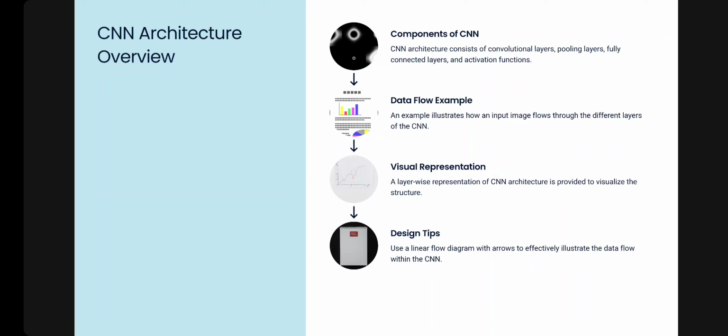For example, you can use it in distinguishing what is a cat, what is a dog, what is a banana. And it all takes a lot of training, a lot of visual representation data. This layer-wise representation of the CNN architecture is provided to visualize this structure.